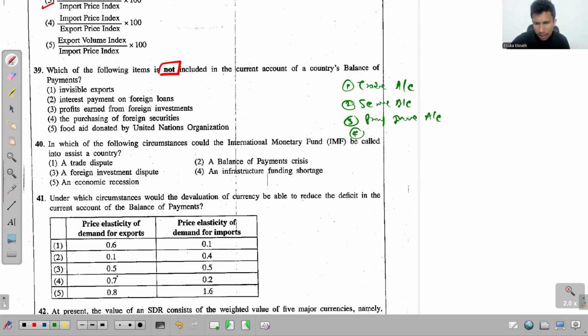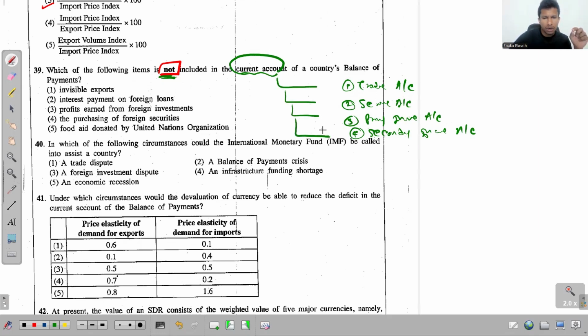And the last one is the secondary income account. So these are the sub-accounts we find in the current account in balance of payments. So the question asks us to recognize which of the following is not included in any of these sub-accounts.